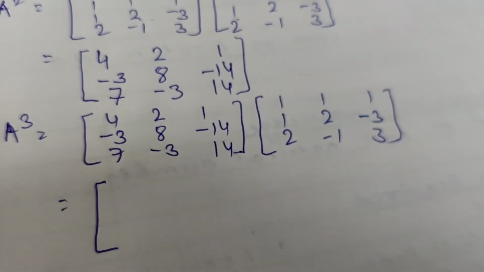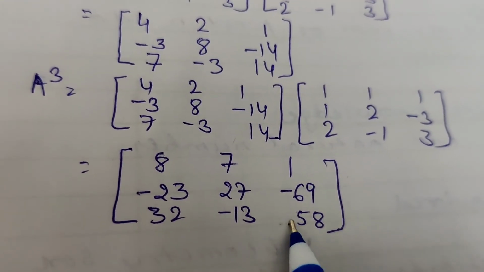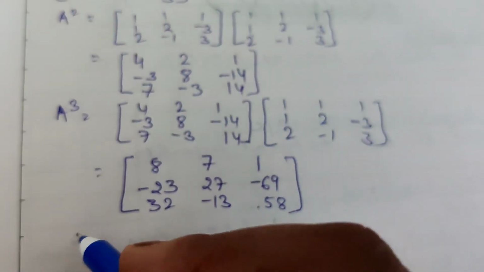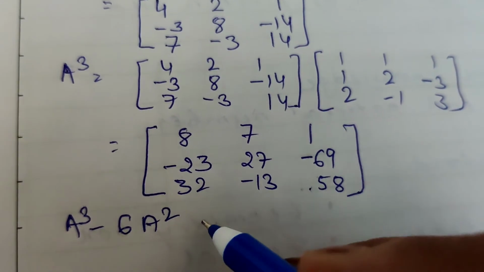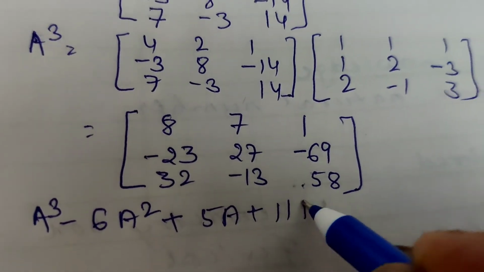And you will get the answer. This will equal to the A cube. I have solved. Now put in the values: A cube minus 6A square plus 5A plus 11I.